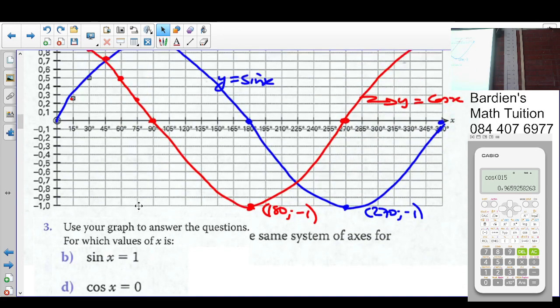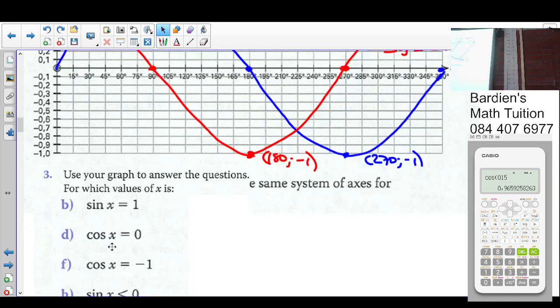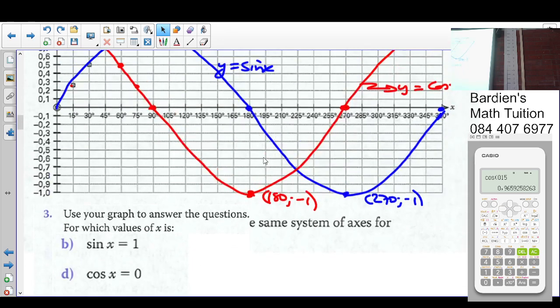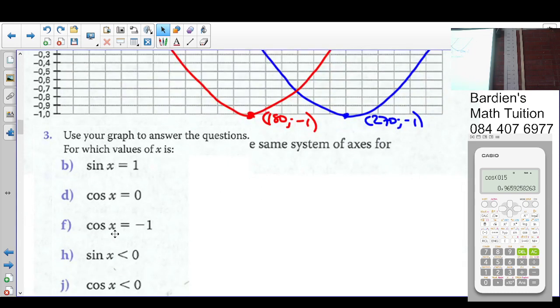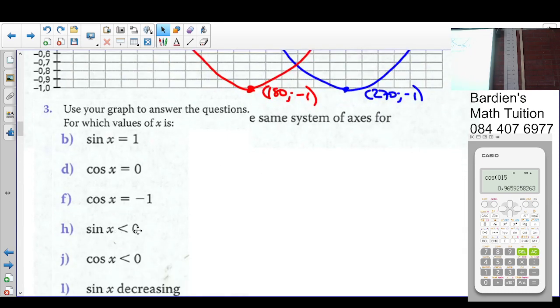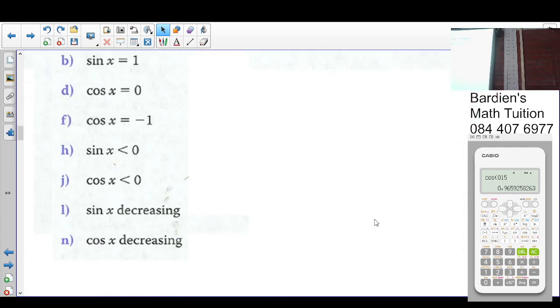Where is cos of x equal to 0? 90 and 270. Cos of x equal to negative 1? It's 180. Where is sine of x less than 0? From 180 to 360. That is x is greater than 180, less than 360.